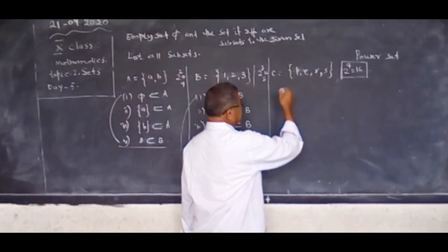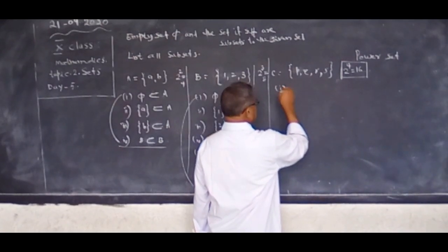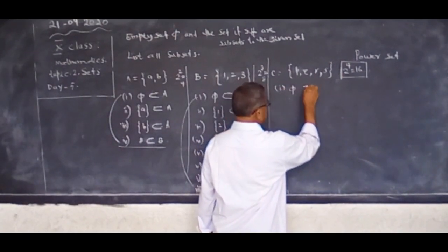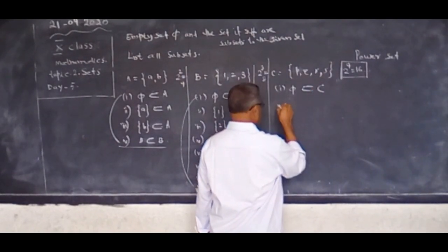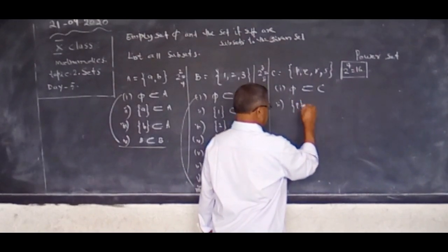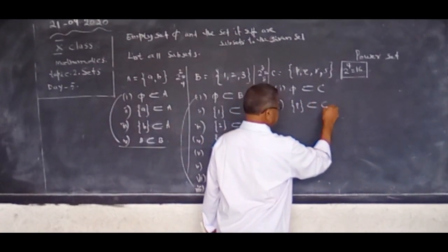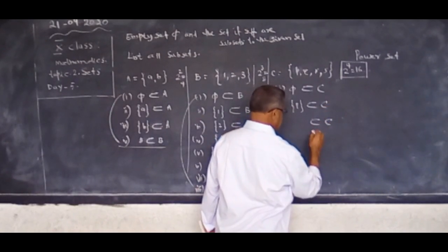Next is like this. Start with C. Number 1, the null set first. The null set is a subset of C. Number 2, P is a subset of C. Start next.